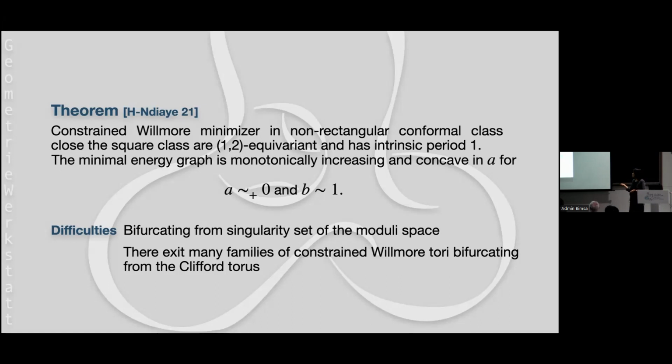Okay, so we need to set up the functional and the constraint correctly to bifurcate in the correct direction, because there exist many, many families of constrained tori that are known, which bifurcate from the Clifford torus and also Kapouleas. Like basically arbitrary lobe count can bifurcate from there, and we want only the 2-lobe guys or 1-lobe guys here.